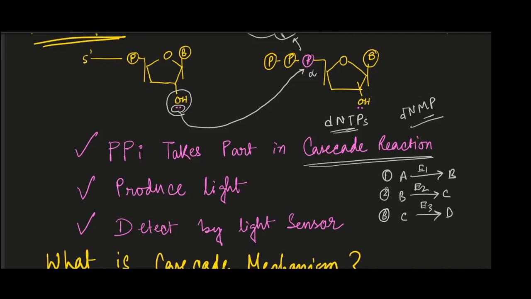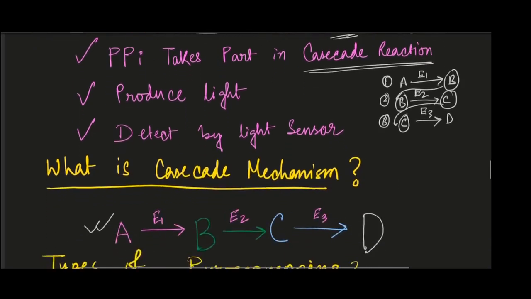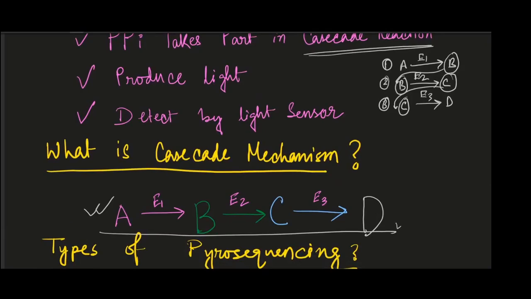As you can see, the product of the first enzymatic reaction acts as a reactant for the second enzymatic reaction, and the product of the second enzymatic reaction acts as a reactant for the third enzymatic reaction. So when two or more enzymatic reactions are connected to each other like that, we call them a cascade reaction. As we can see here, this is a cascade reaction.